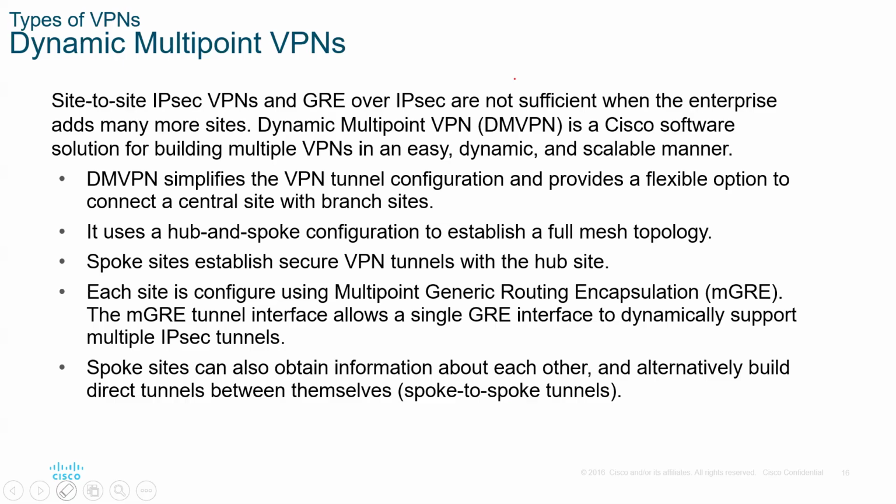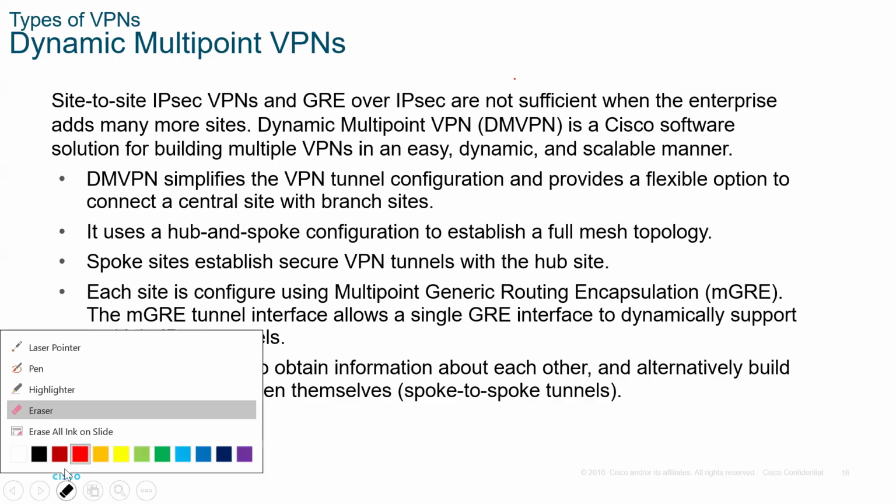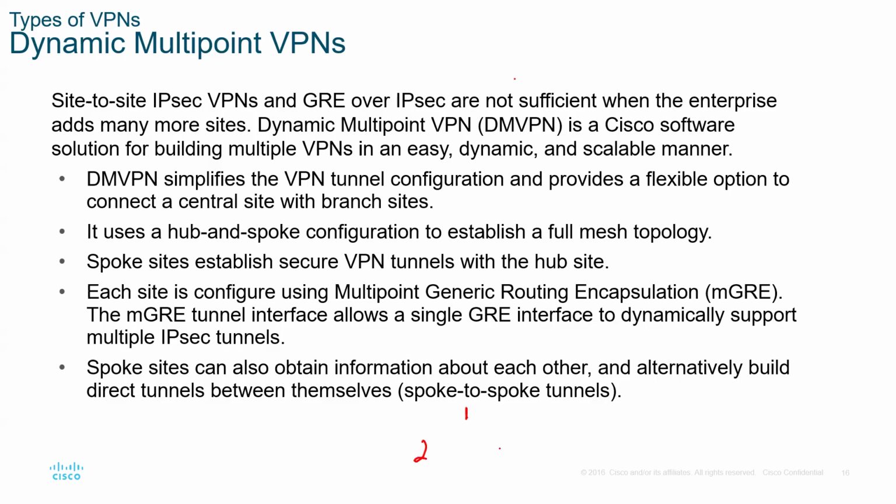I've got it. So that's the idea behind my dynamic multi-point VPNs, because without it, what happens is that we would create static VPNs between 2 and 3 as well. If I have 1, 2, 3 and add 2 static tunnels, I would need another static one up.